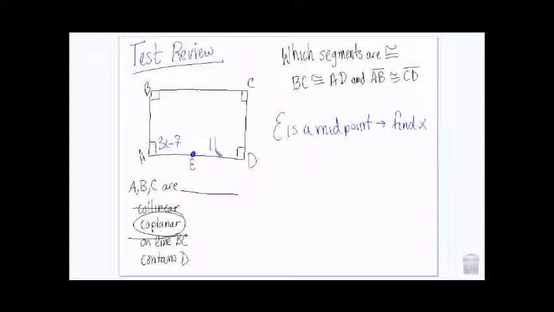But what do I know about these two if E is a midpoint? If I tell you that this part is 3x minus 7 and this part is 11, what do I know about those two things if E is a midpoint? They're equal, right? Because a midpoint is halfway, so to find X, I would set those equal to each other.